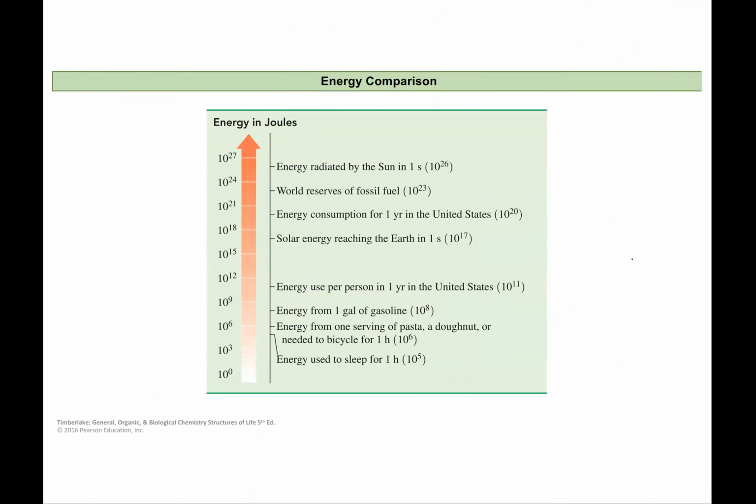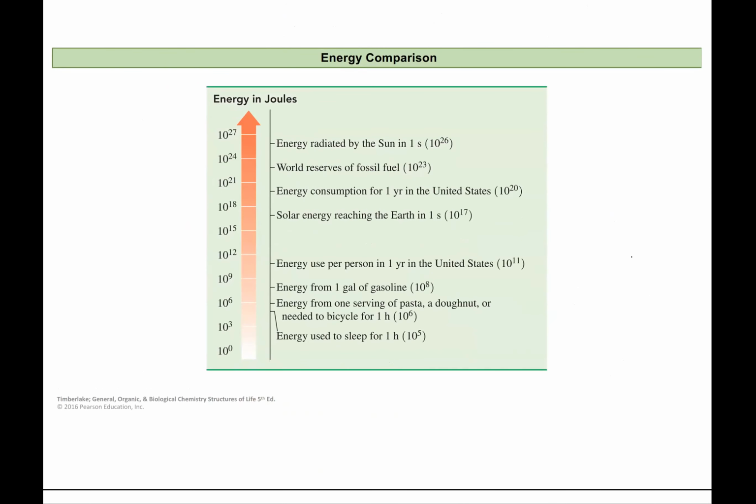Here's a little calibrating tool to get an idea of how much energy things take. This is all going to be in joules. If you are asleep, you're not going to use as much energy as being awake.